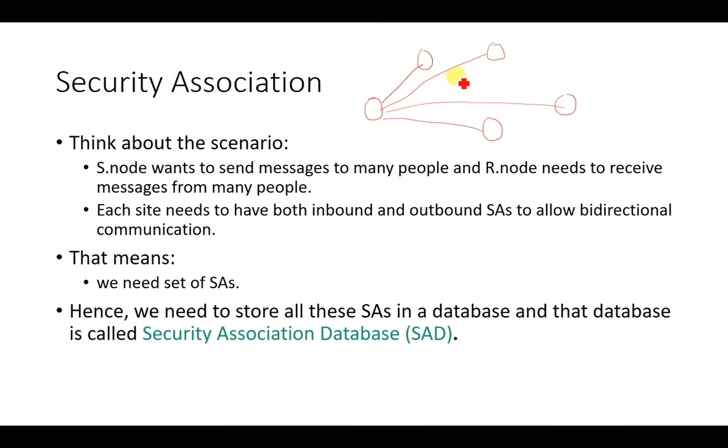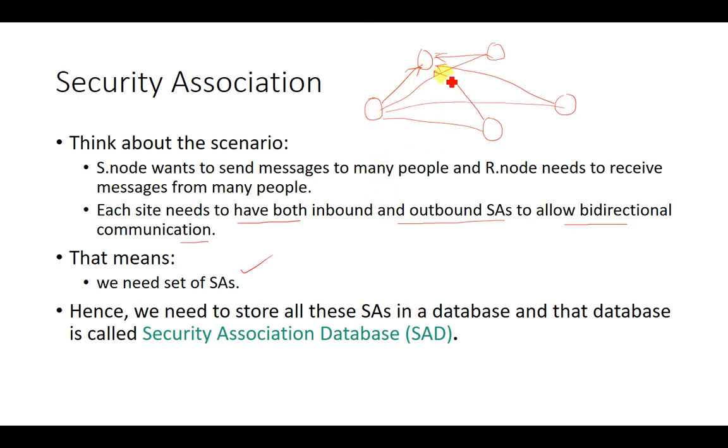Similarly, the person who is receiving data from many routers needs to represent everything from the other sources. In that case each site needs to have both inbound and outbound SA to allow bidirectional communication. As I have already said, every node needs to maintain inbound and outbound SA. That means we need a set of SAs, called inbound SA and outbound SA.